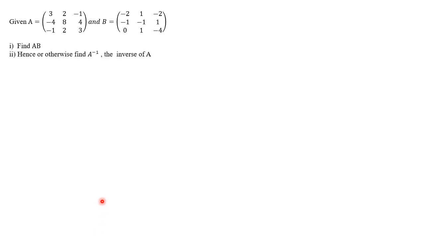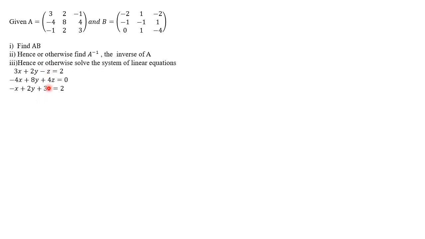Right, in the next example, given that A equals this matrix and B equals this matrix, find AB, hence or otherwise find A inverse, then hence or otherwise solve the systems of linear equations. We start with item 1, multiplying A times B, a multiplication of matrices, row by column.